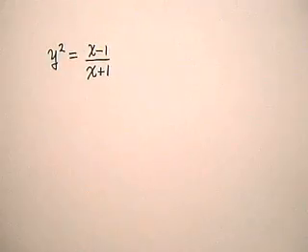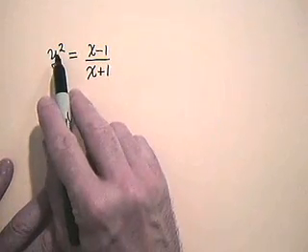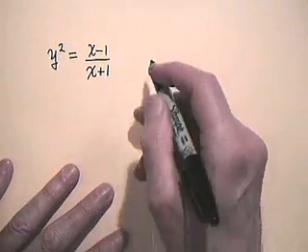Let's look at another example where we use implicit differentiation to find an expression for the derivative of y with respect to x. Here I have the equation y squared equals the quantity x minus 1 divided by the quantity x plus 1. Notice that we could solve for y as a function of x easily here.